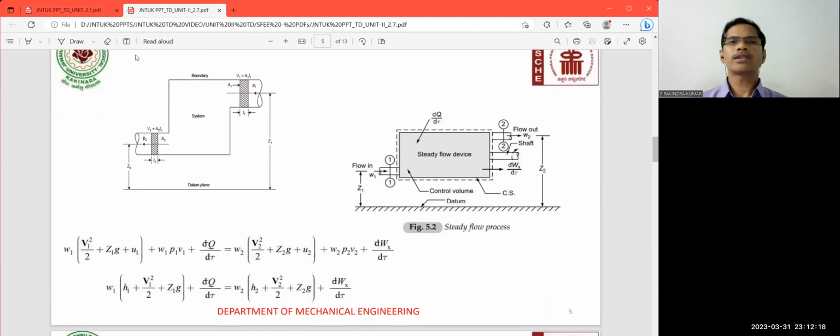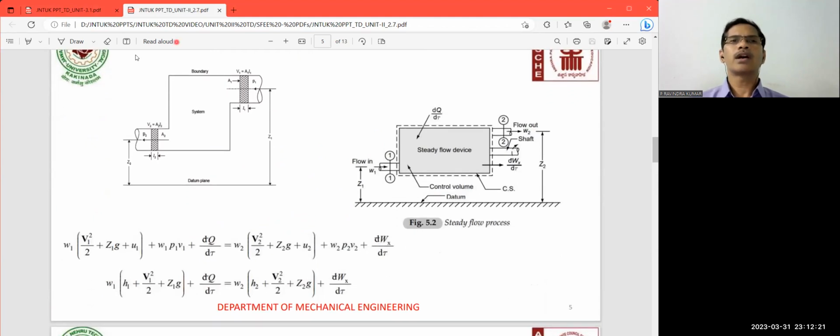This is the diagrammatic sketch. If you observe it, this is the mass flow rate at the inlet state and this is the mass flow rate at the outlet state. Here we have the kinetic energy term at the inlet, potential energy term at the inlet, the internal energy of the flow at the inlet, and the flow work at the inlet state, plus or minus d bar q by dt.